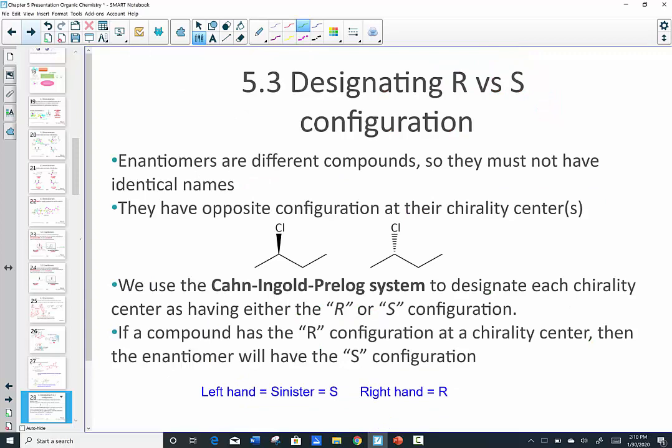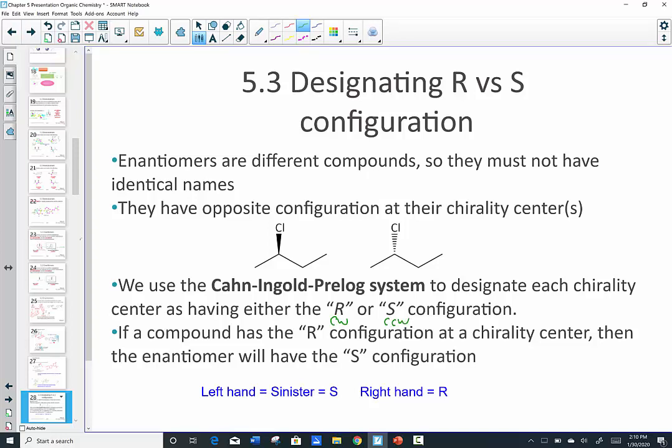We've been alluding to this section all chapter long, how to designate R and S configurations and then include them in the name to give every compound a unique name. We use the Cahn-Ingold-Prelog system to designate each chirality center as either having an R for a right-handed spin or an S for a left-handed spin, clockwise or counterclockwise spins.